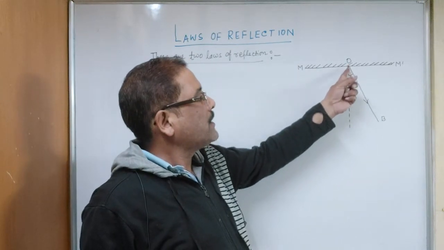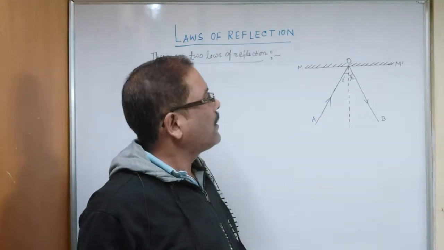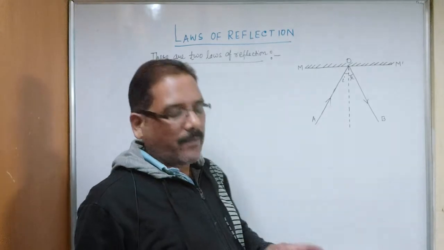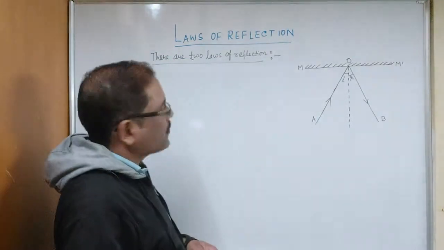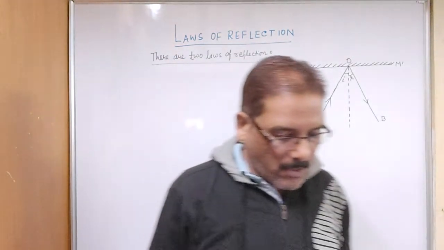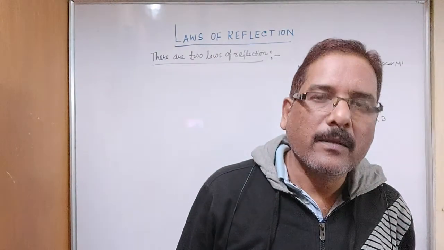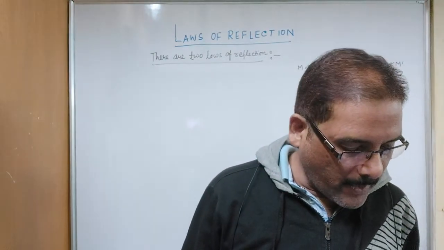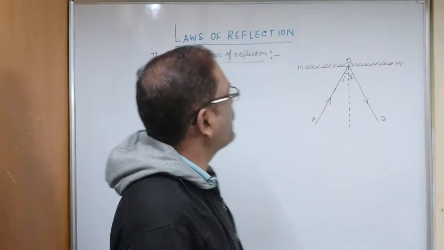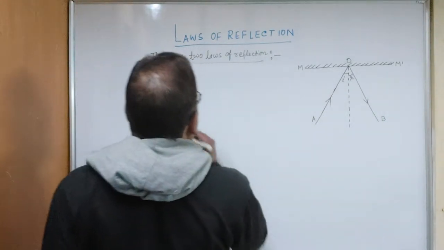At the point of incidence we have drawn a normal, and OB is the reflected ray. So according to the first law, the incident ray, the reflected ray, and normal at the point of incidence all lie in the same plane.